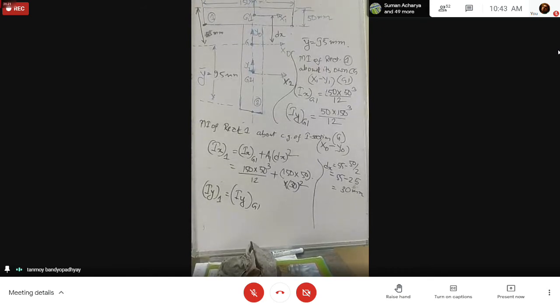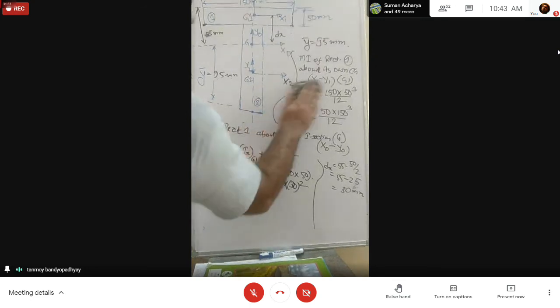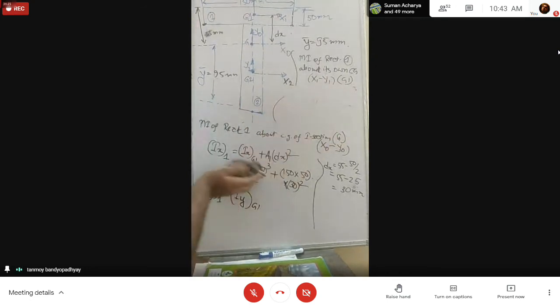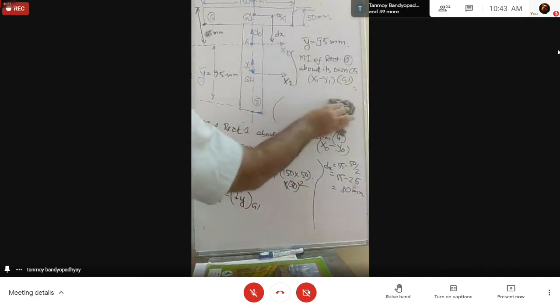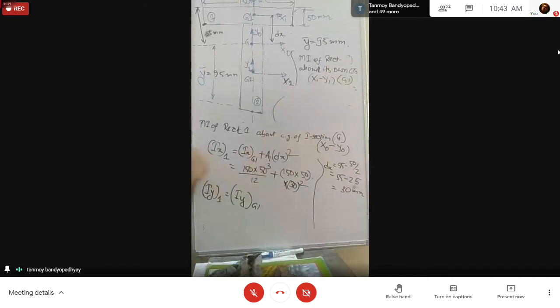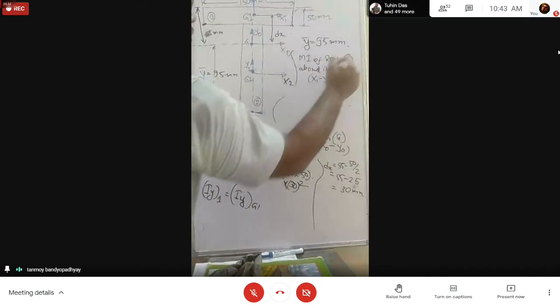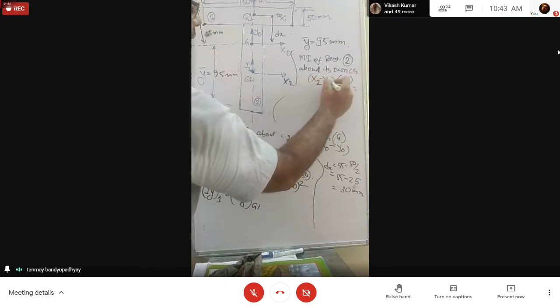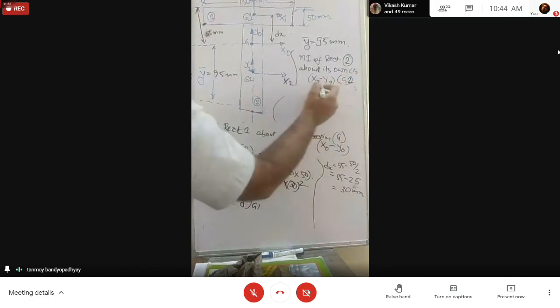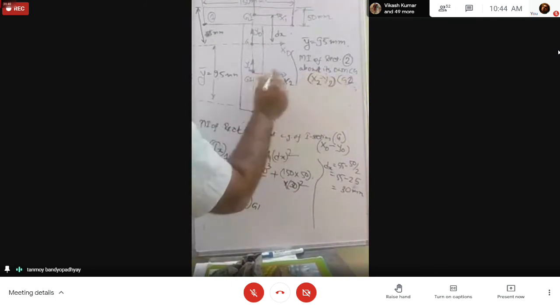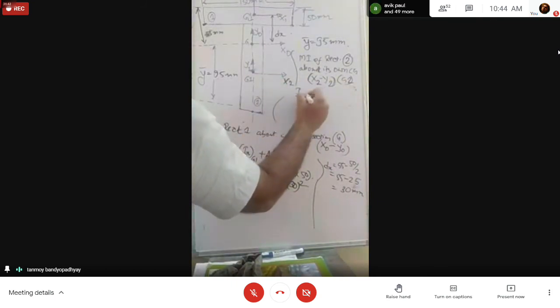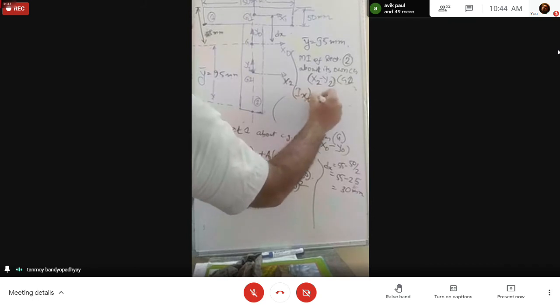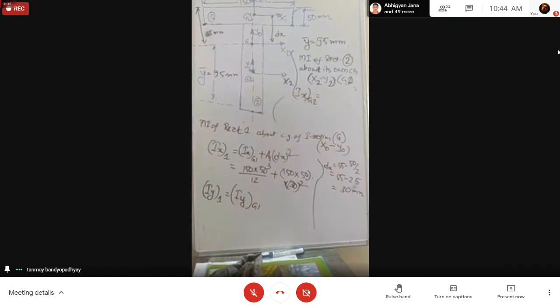Okay, so this portion is done. So let's repeat this one for rectangle number 2. So for rectangle number 2, write down the MI of rectangle number 2 about its own CG. So about its own CG the axis system is x2, y2 and its CG is g2. So here you will have Ixg2, that will be equal to bd cube by 12.